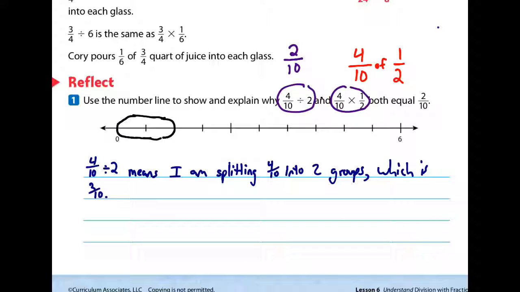Okay? Now, 4/10 times 1/2 means I am finding 4/10 of 1/2, which is also 2/10.